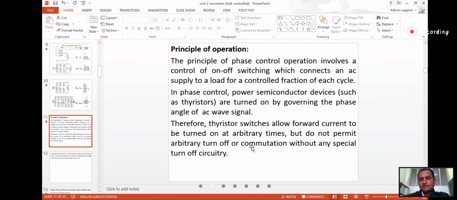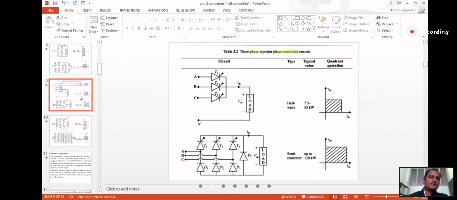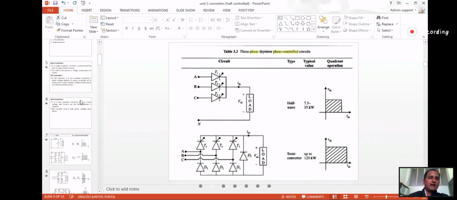So how does it work? We have seen three different types of converters, for single phase as well as three phase: semi converters, full converters, and dual converters.